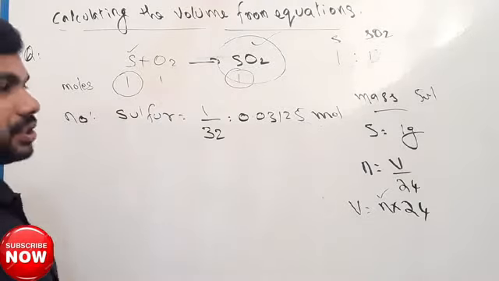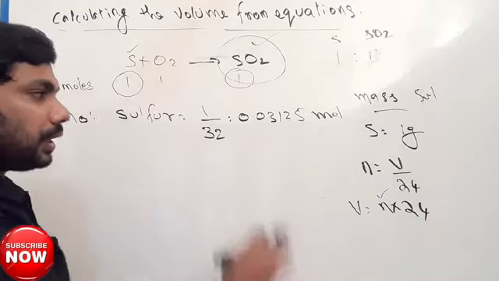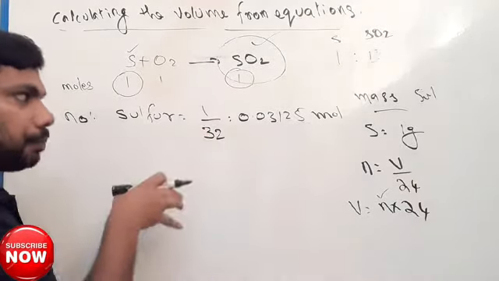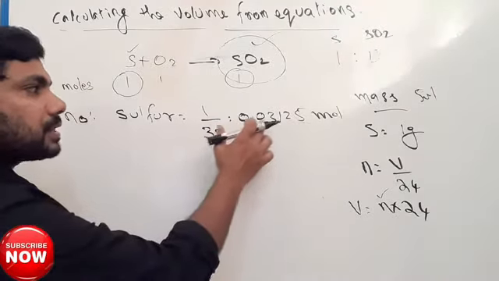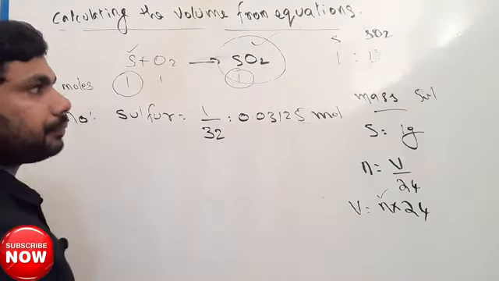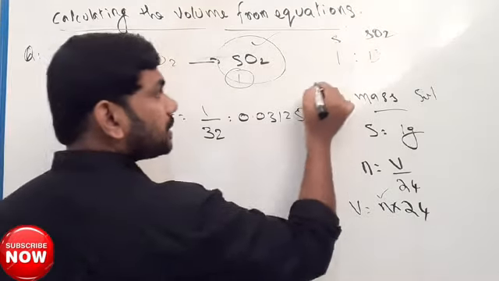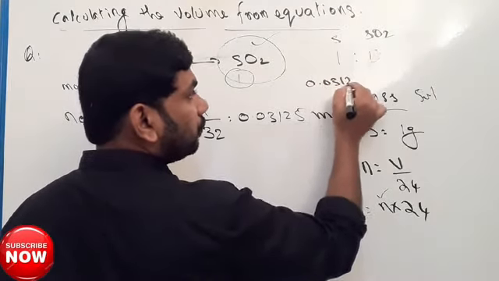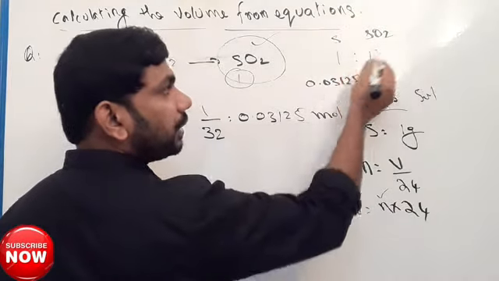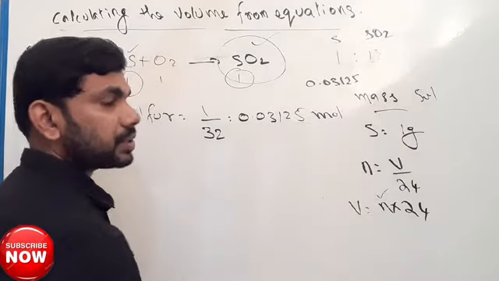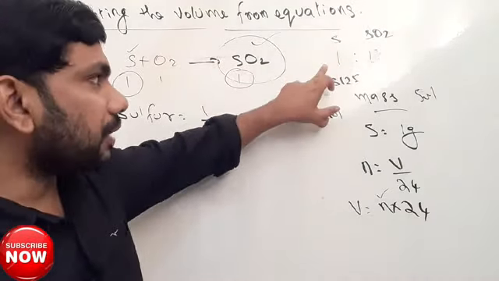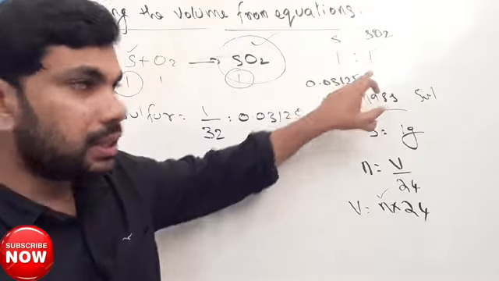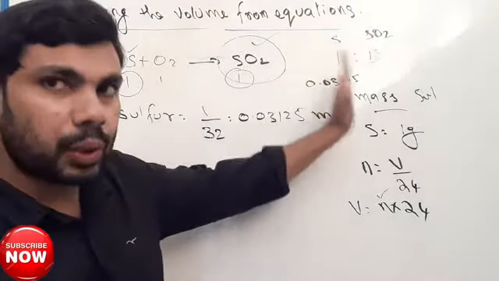So in this problem, 1 gram of sulfur means 0.03125 moles of sulfur. How many moles of sulfur dioxide will it give? Using the balanced equation, 1 mole sulfur gives 1 mole sulfur dioxide, so it is a 1:1 ratio.